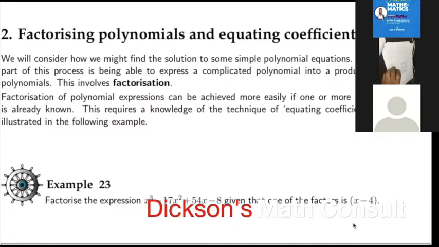Now, if I pick the constant 8, what are the numbers you think can go into 8?